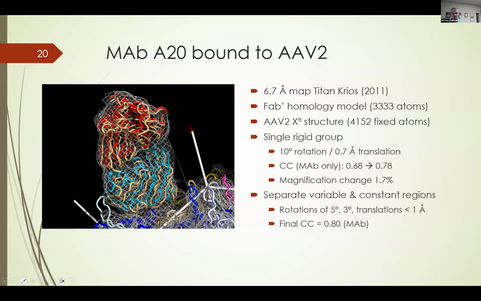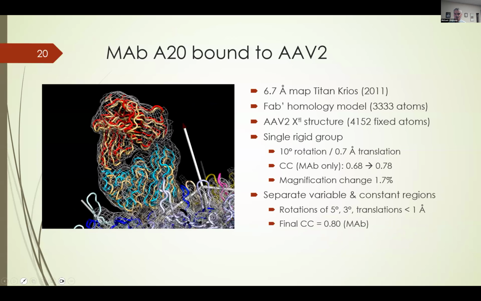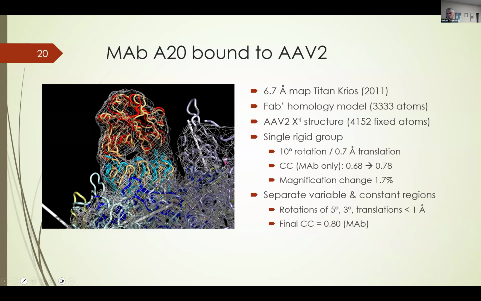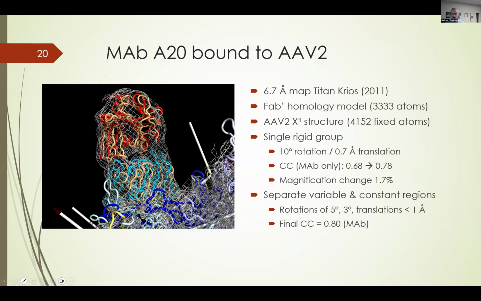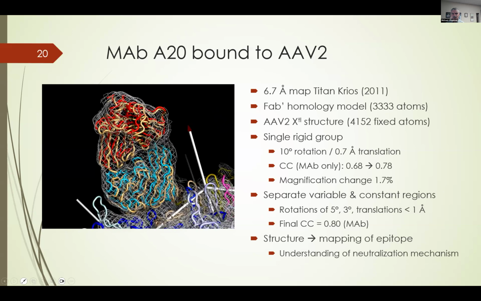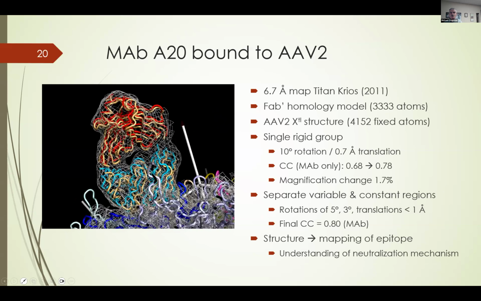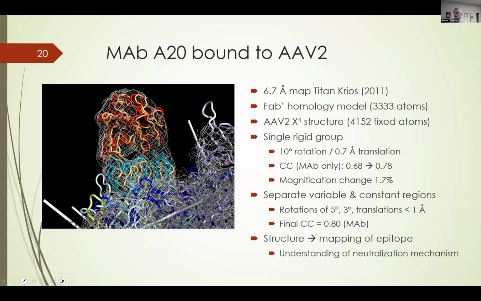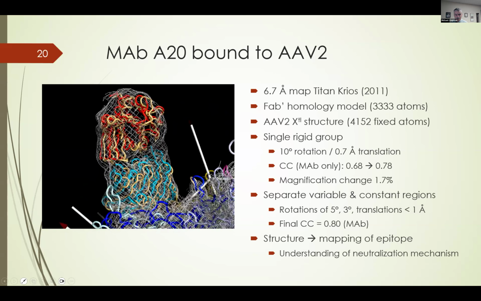We then treated the variable and constant regions as separate rigid groups, and there was a further improvement to a correlation coefficient of 0.8. The structure immediately led to a mapping of the epitope, and eventually led to an understanding of the neutralization mechanism.